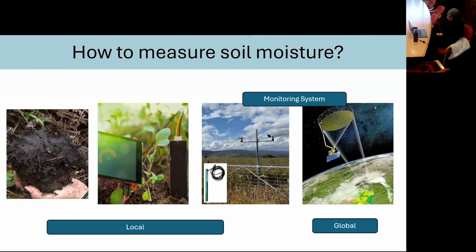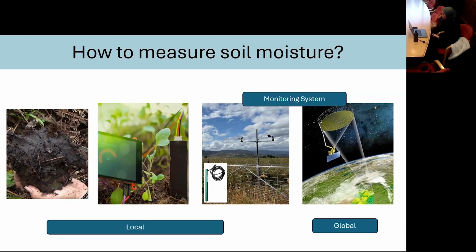The last one, the most advanced way to get the soil moisture measurement, is using the satellite. Currently we have advanced technology, with satellites going around our Earth measuring the soil moisture. How the satellite measures is they send a signal to the Earth's surface, and then the satellite calculates how much signal is transferred back into the satellite, and then they have a calculation to transform the information into the soil moisture level.